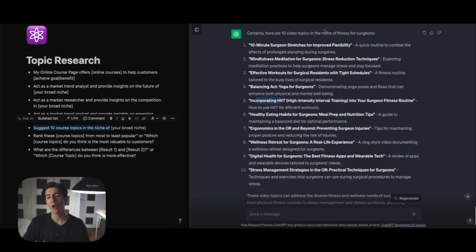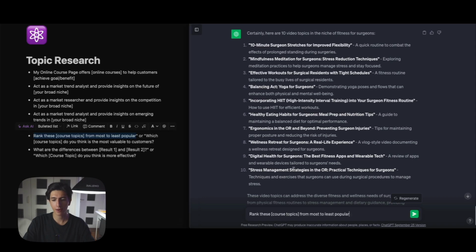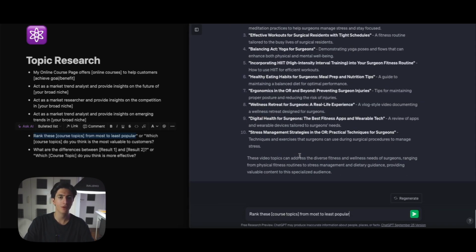Now, if we're just overwhelmed with all of those answers, we can use this prompt: rank these from most to least popular. Okay, this is actually cool. At this point of this lesson, we're going to be utilizing the feature that ChatGPT has to remember previous interactions that we have with the program.